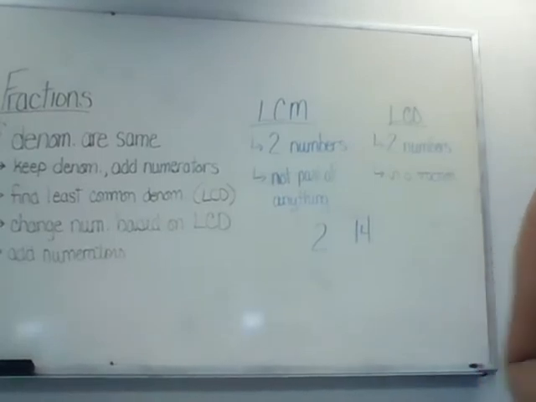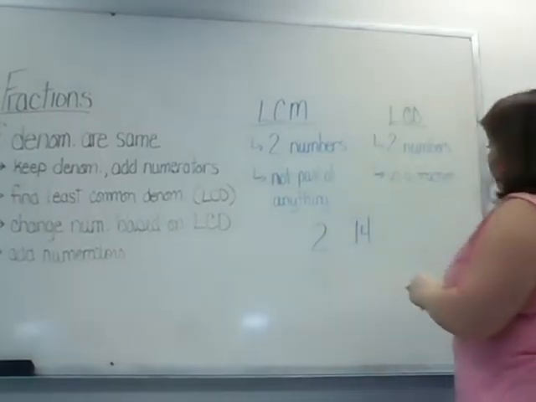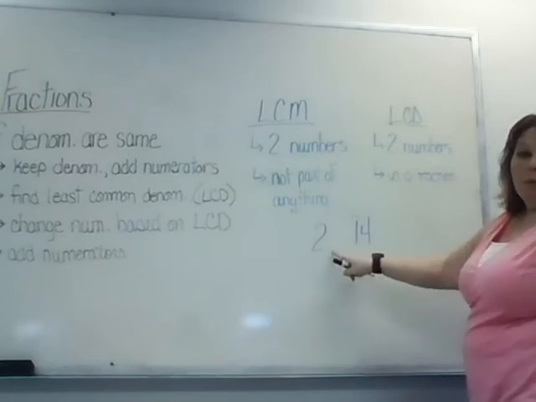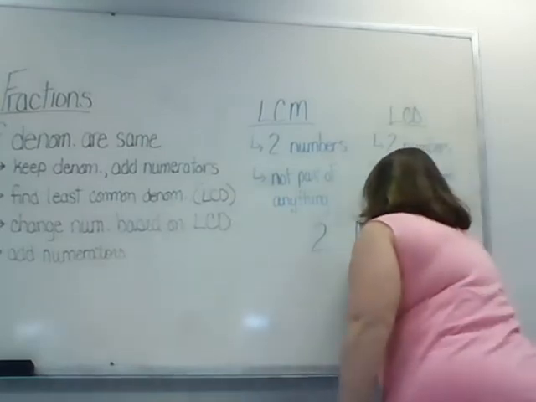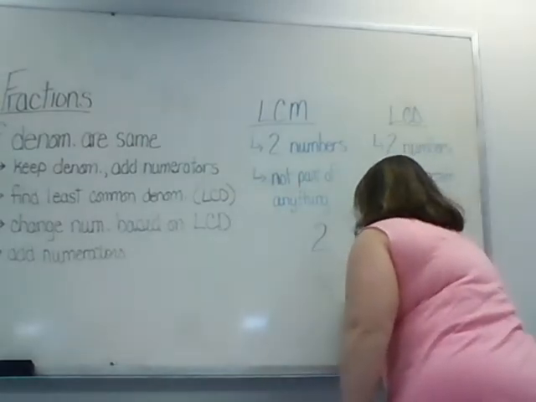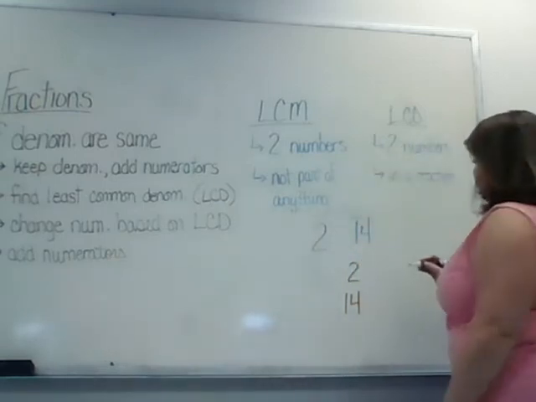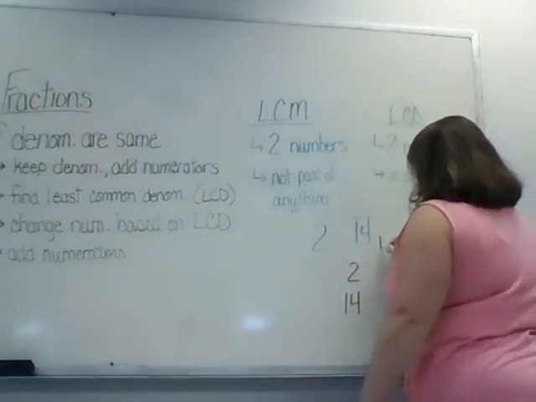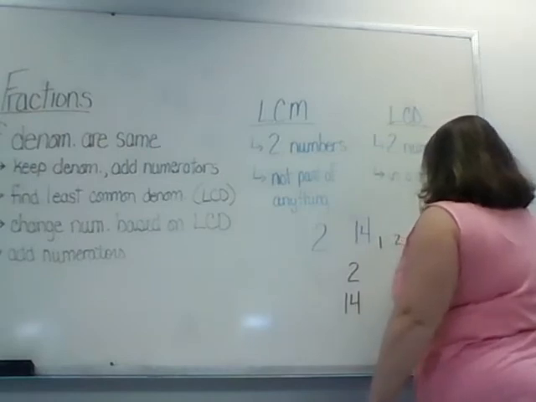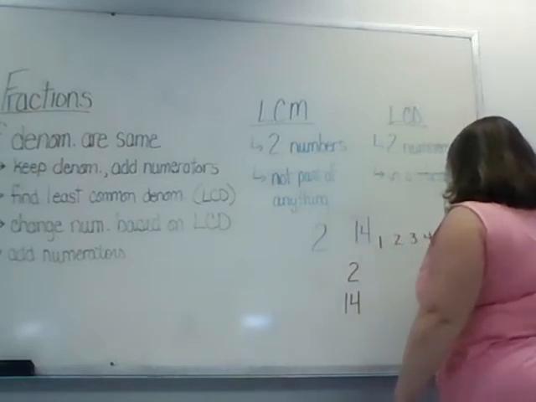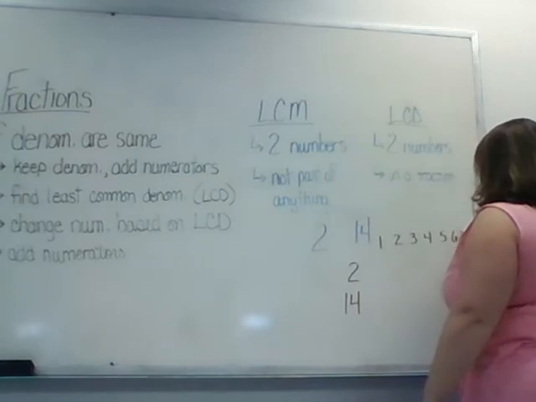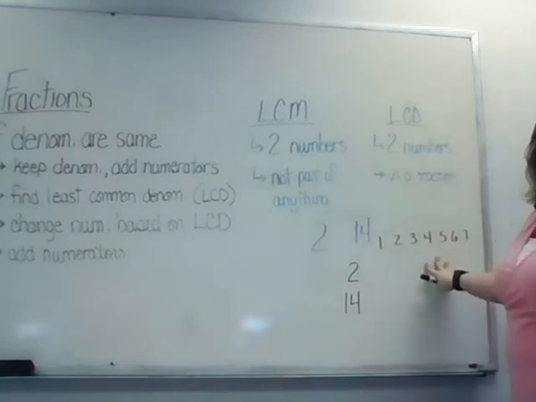So especially if you're a visual learner, this is helpful. So we're going to take both of our multiples, and I'm just going to write them on top of each other. Okay? And above it, I'm going to write the multiplication tables, what I'm going to multiply these numbers by. And you're going to see I'm going to use this chart in that worksheet also.